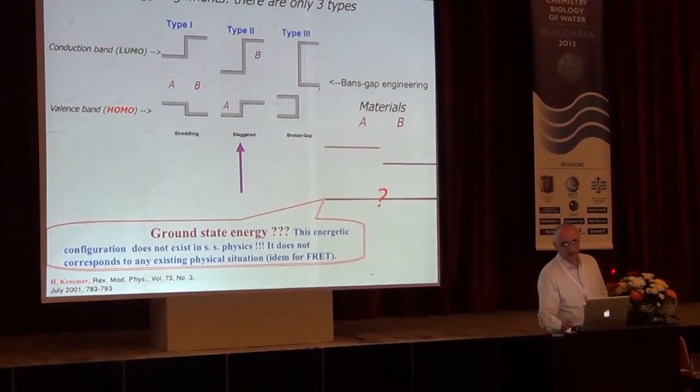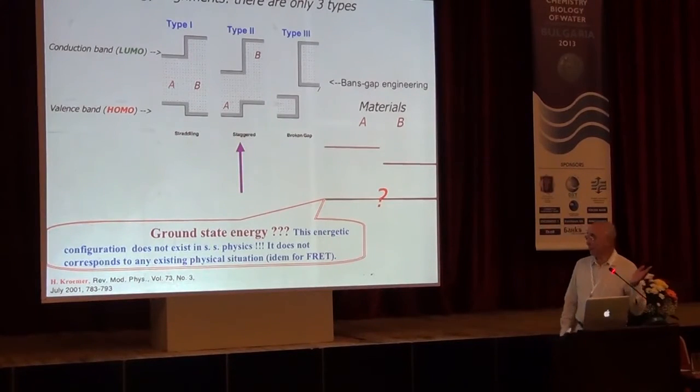This one, that is utilized for many physical explanations, or even in the photosynthesis field, does not exist. It means the ground state energy, because we don't know the relative position, we put it like a ground state energy. It does not exist.